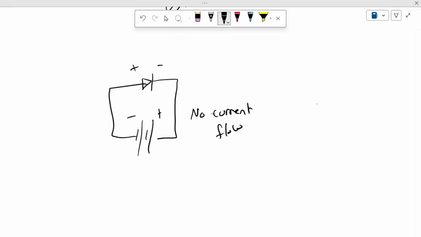So this is really important. Because of this, we say that diodes have polarity. They have a cathode and an anode, and they can control, but basically stop, current from going in a direction we don't want it to go, which is also super useful.